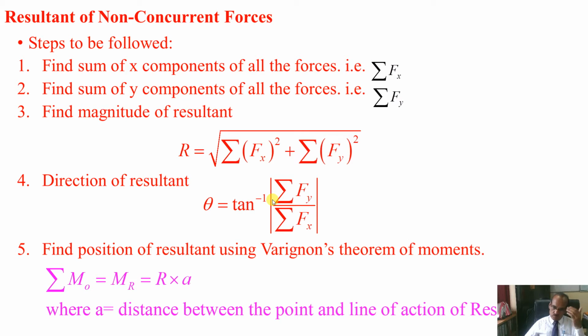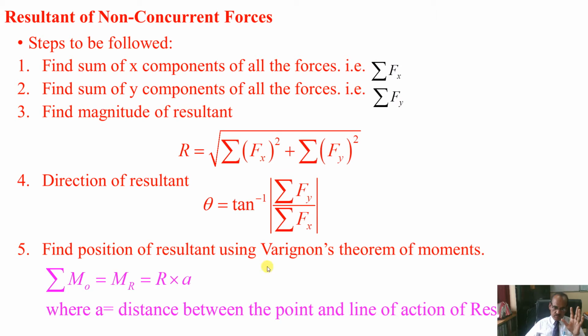Now only one additional step: we'll have to locate the position of the resultant on the body with respect to the geometry of that particular body, using Varignon's theorem and the concept of moment.